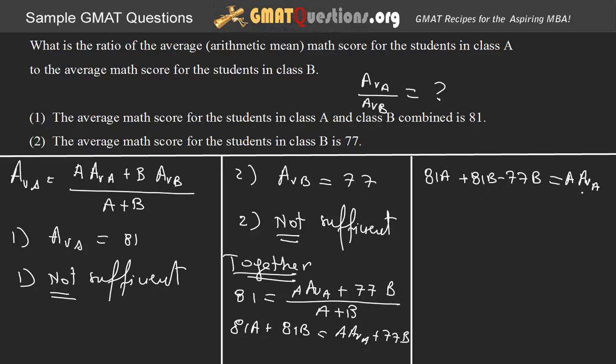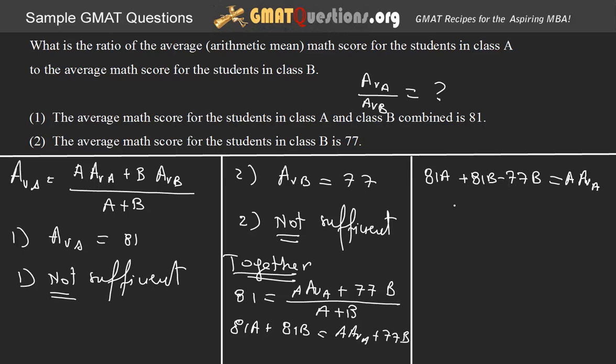And even for AVA, we don't have a real number we know. We don't have the real value of A. And that's why we cannot isolate AVA over 77 or AVA over AVB. You can see this mathematically. I just wanted to show it to you. But some of you who know about this can tell from here that it's impossible to isolate AVA over AVB. I hope by now you are convinced of that.